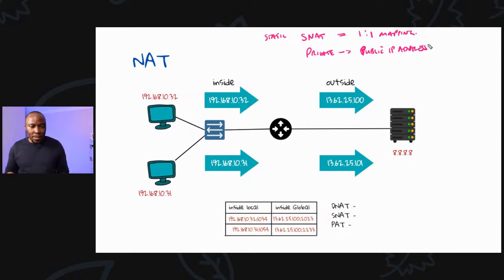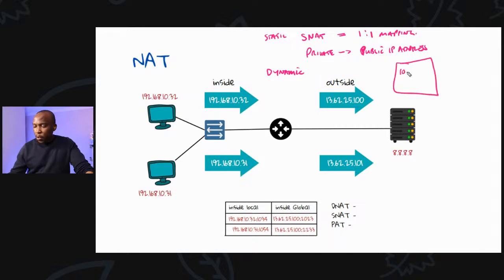The second type of NAT is known as dynamic NAT. With dynamic NAT, you have a pool of IP addresses. So you'll have a pool, and in this pool, there'll be 10 IP addresses. And these IP addresses can take you online.